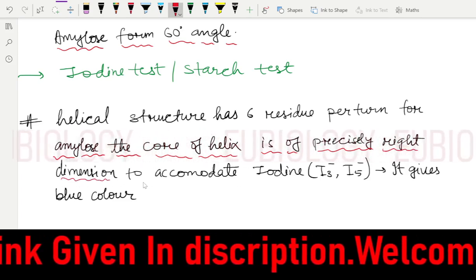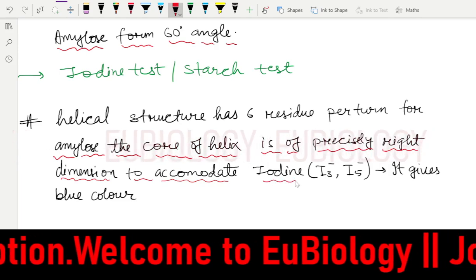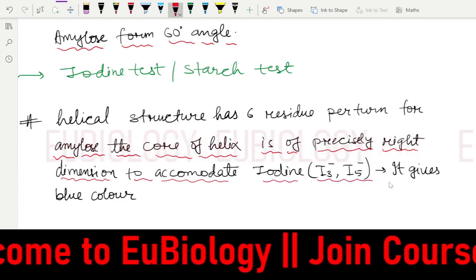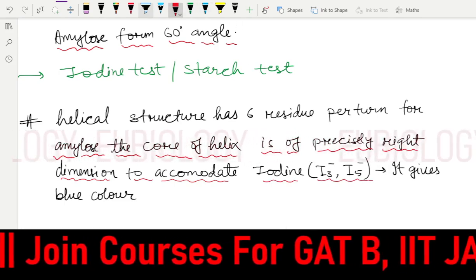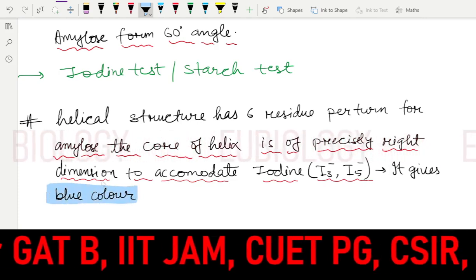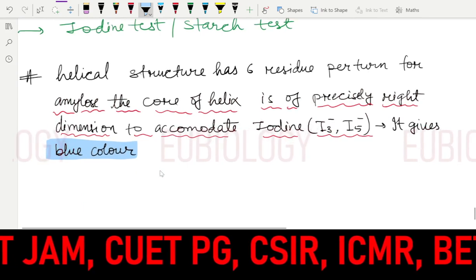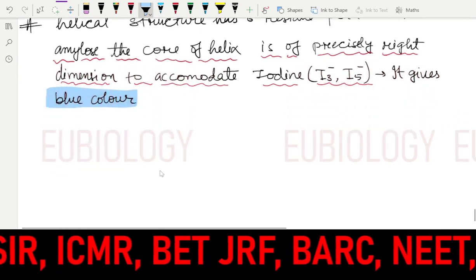To accommodate iodine. Okay. So iodine, like I3 and I5, goes in to be accommodated, and it will give the most important color, that is the blue color. Okay, it will give you the blue color if starch or amylose is there in the sugar.